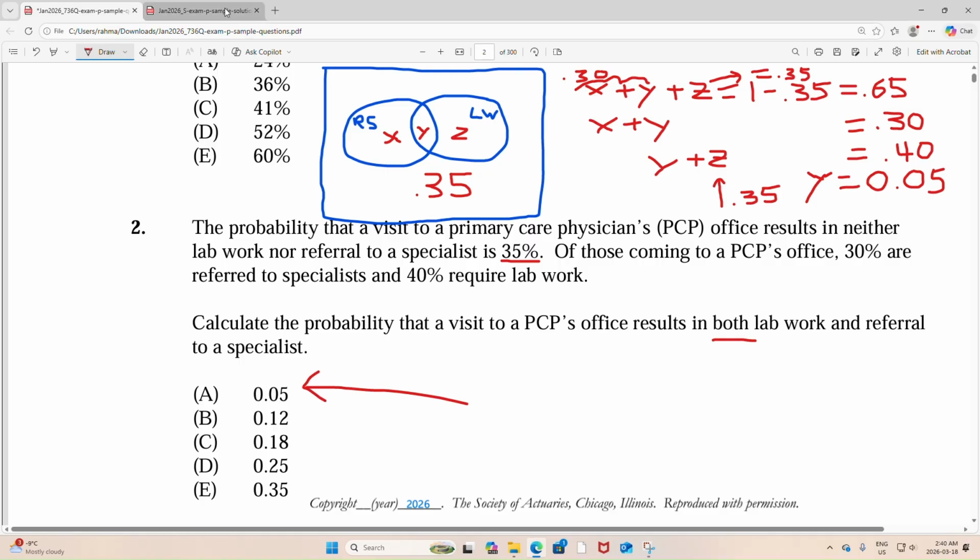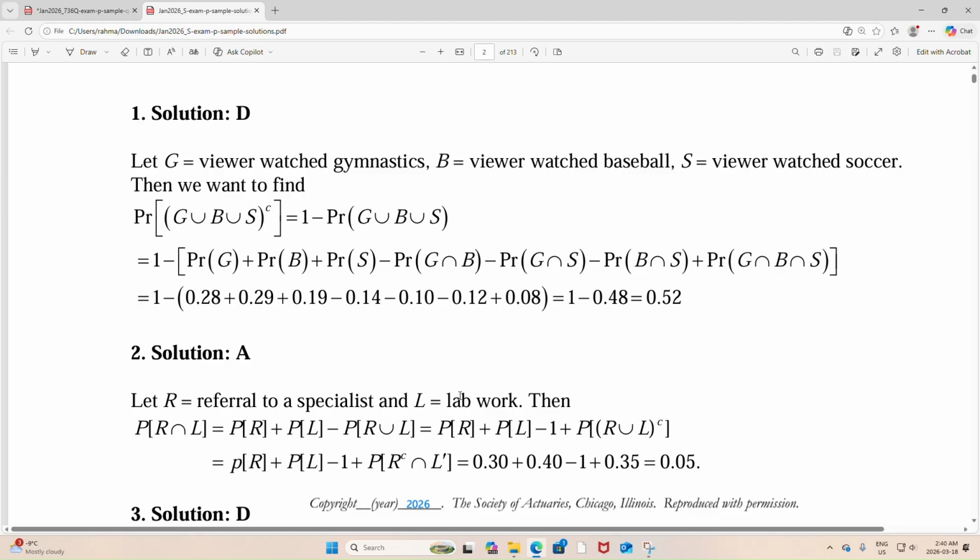Okay, so I just want to quickly show you what the SOA does. Again, they're not using Venn diagrams. They're just using these set formulas. They're just using the two event formula that I talked about in the last video. So I'm not going to go over that again here, but I just want to point out the following.